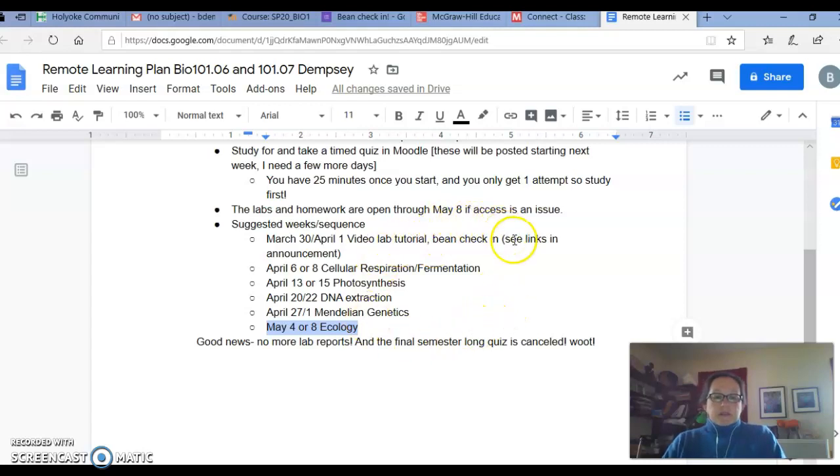The other thing about this, you're welcome to do it week by week if that helps you to be more organized. If your lecture section is talking about photosynthesis earlier and you want to do the photosynthesis lab right then, that's great. Do it earlier. If they're not talking about it for another week, do it a week later.